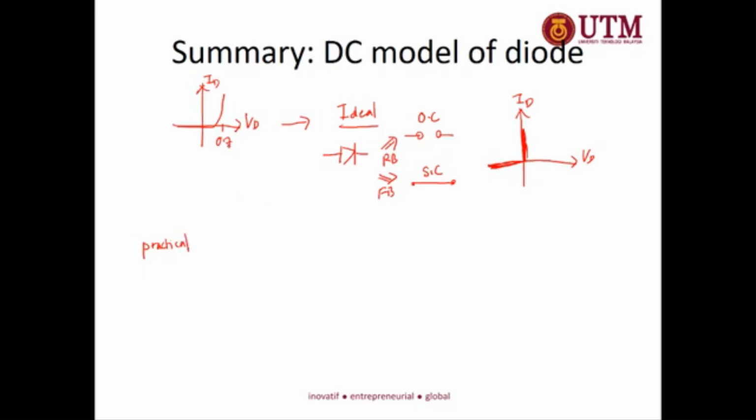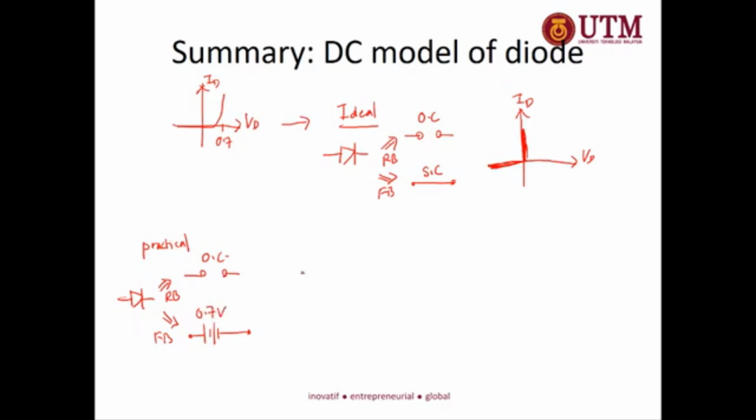Next is practical. In the practical model we consider this 0.7 the knee voltage. The diode at reverse bias is replaced by an open circuit, which means there is no connection, and in forward bias it is replaced by a battery with a short circuit. The battery value is 0.7 volt.